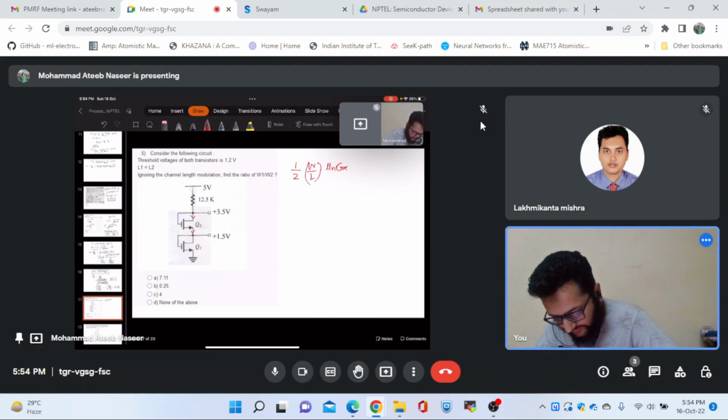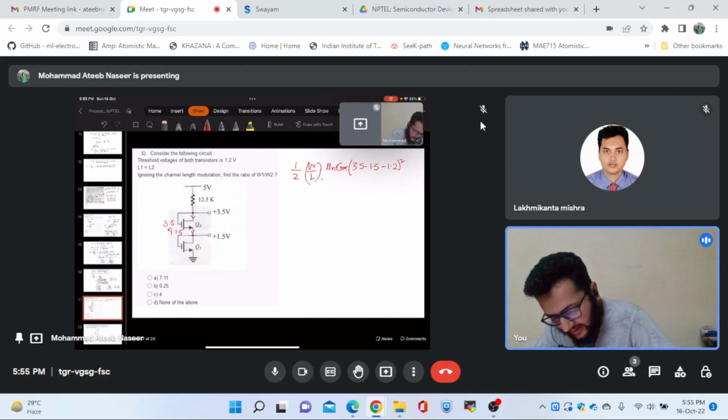And for this MOSFET, we are having VGS equal to 3.5, and here we are having 1.5. This means that we are having 3.5 minus 1.5 as VGS, and VTH is minus 1.2. So this is the VGS minus VTH. Okay, we have to find the W by L. Find the W if L are same.